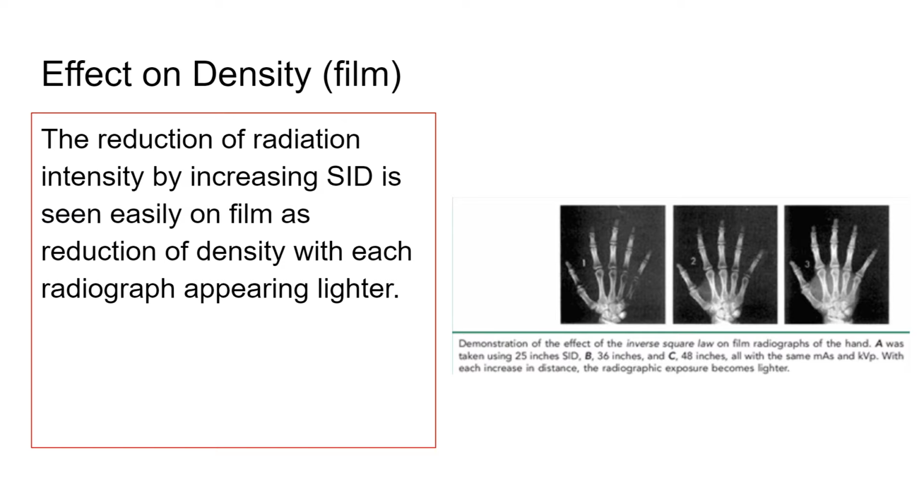Now what do we have to represent our radiation exposure? The EI, right? We only have our exposure indicator to do that. And it's tough now because the digital processing fixes the images.